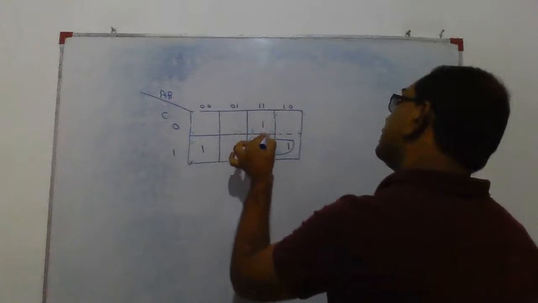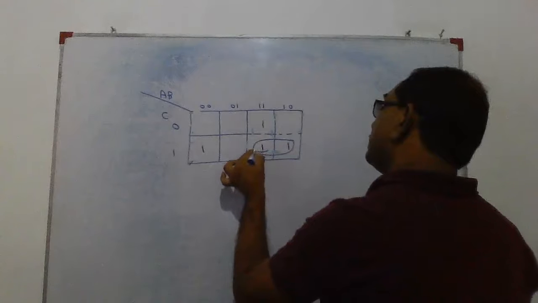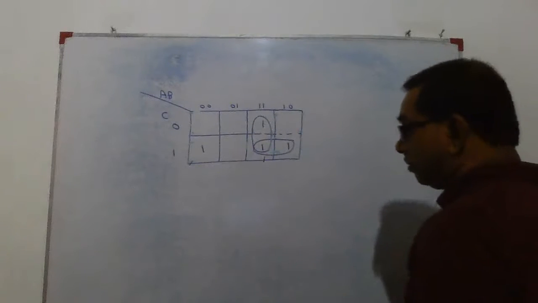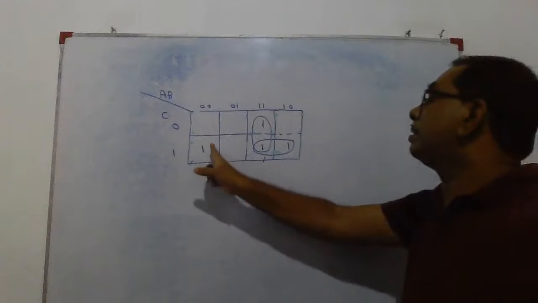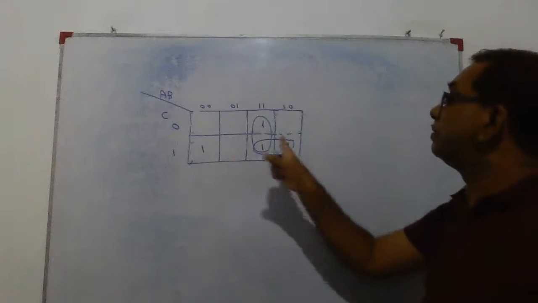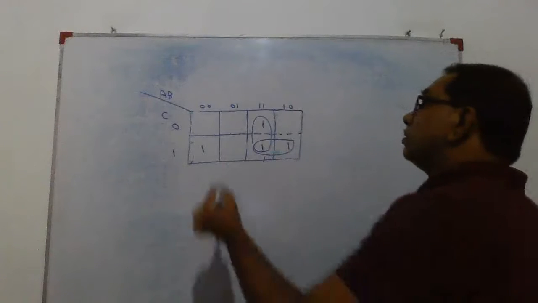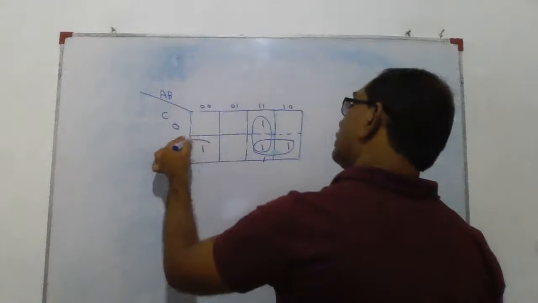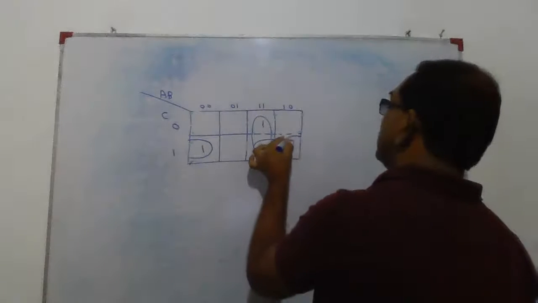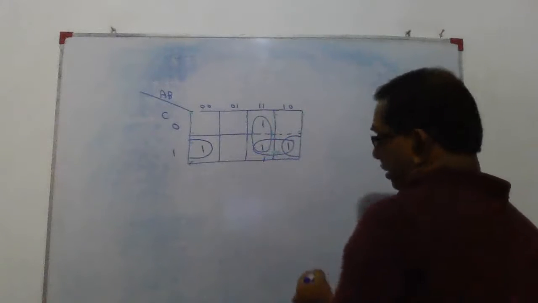You don't take it as a single group, so it is better to create another group. Now you have a 1 here, but according to the left and right rules, we should take these 2. So we join this 1 and this 1 also. See, we need 3 groups.